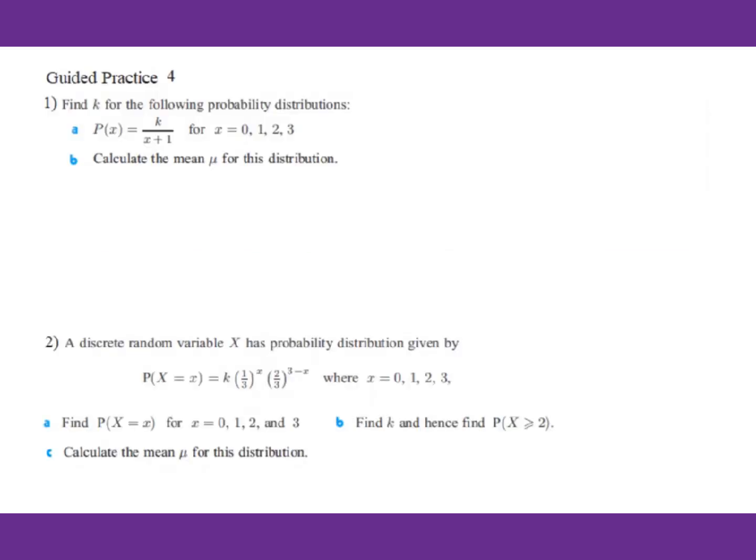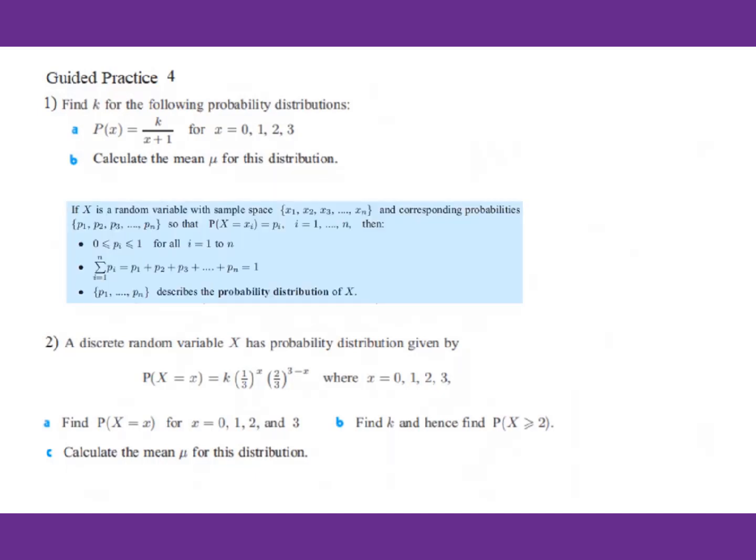Let's go to guided practice 4. Find a K for the following probability distribution. Since this is the probability distribution, it will satisfy these three situations. The sum of all probability equals 1. Therefore, we plug in x equals 0 to this function.